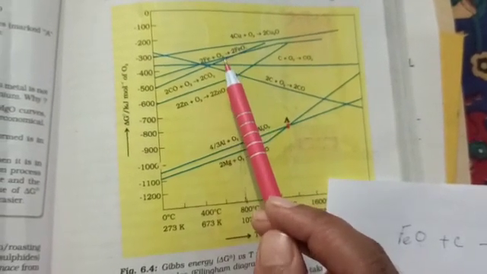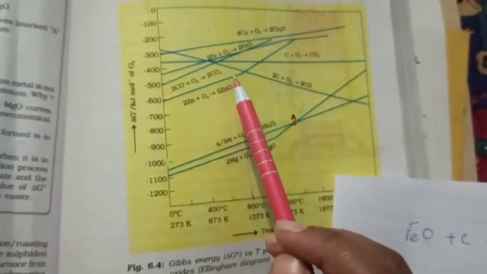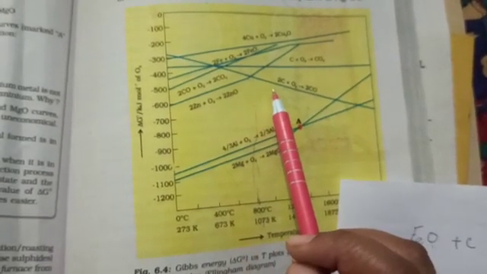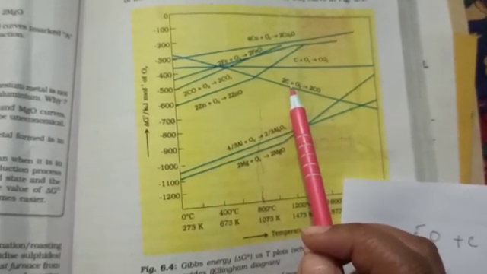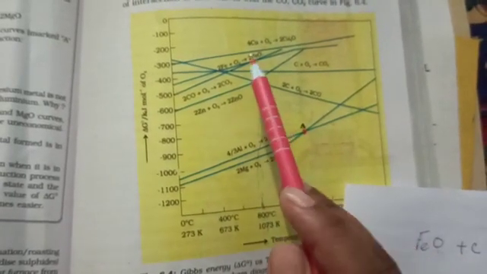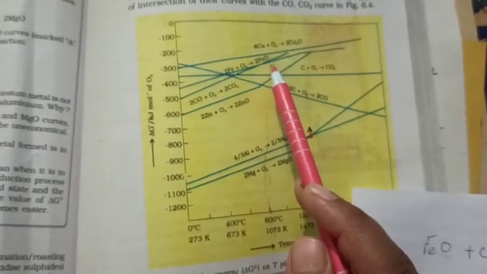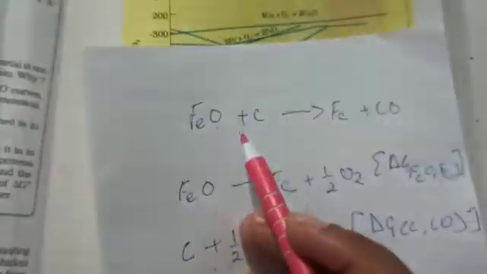So in this case the carbon monoxide line will be reducing FeO. It means that at this temperature, in this case, it will reduce FeO. Are you getting what I am saying? First of all, look at this reaction.